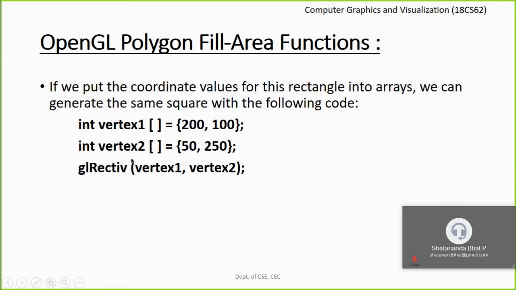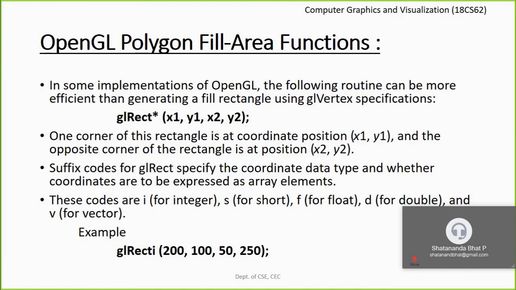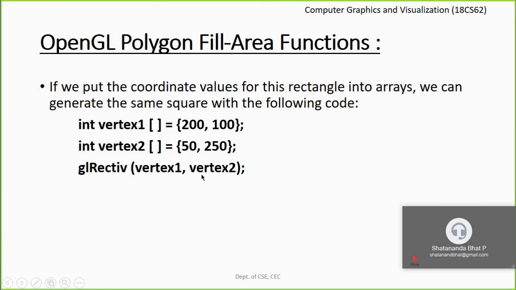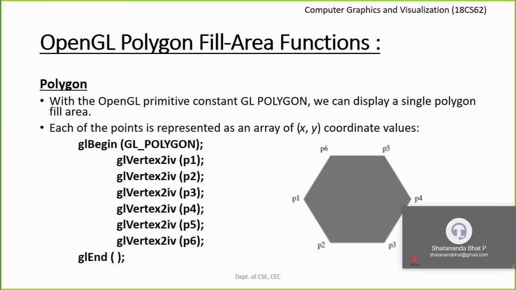So glRectiv, open bracket, the name of the first vector, comma, the name of the second vector. Vector is one more name for the array here, right? So glRectiv(vertex1, vertex2). This line is equivalent to the previous line. So you can use either way of creating a rectangle using the glRect function.